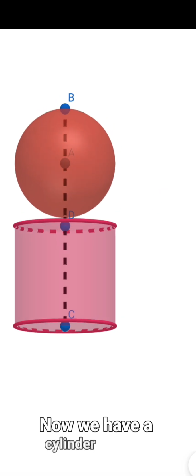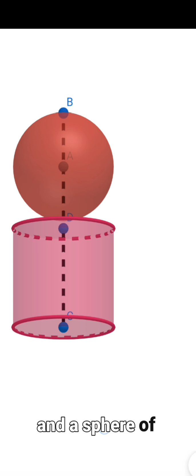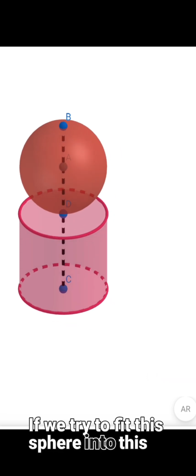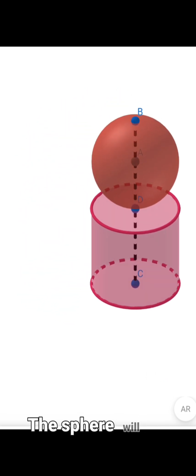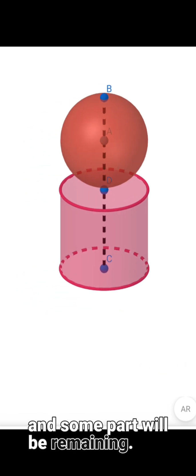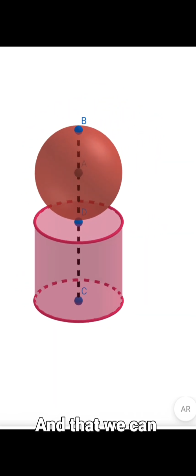If we try to fit this sphere into this cylinder, the sphere will occupy some part of the cylinder and some part will be remaining, and that we can evaluate on the basis of formulas.